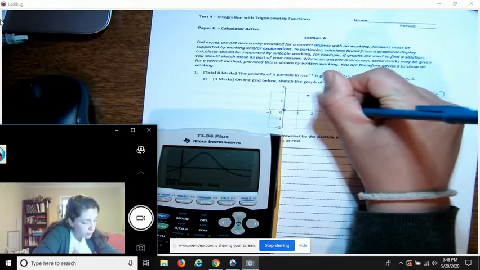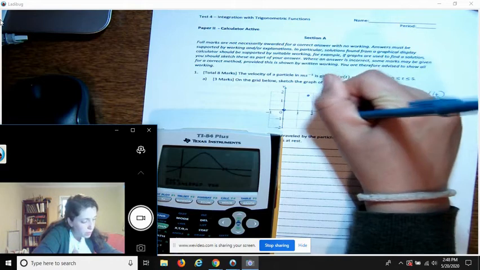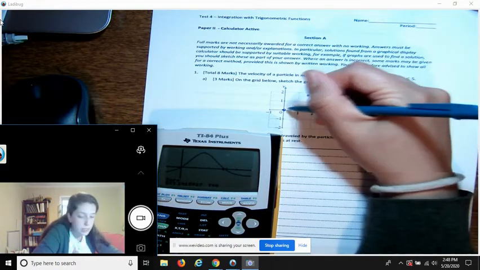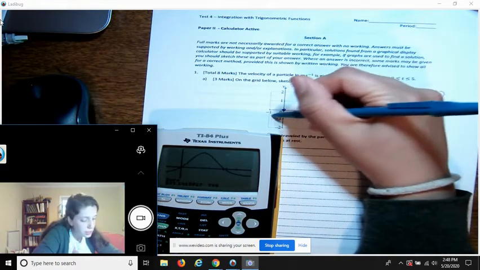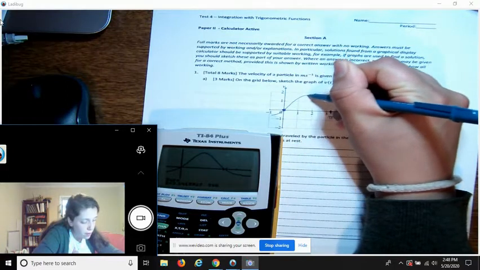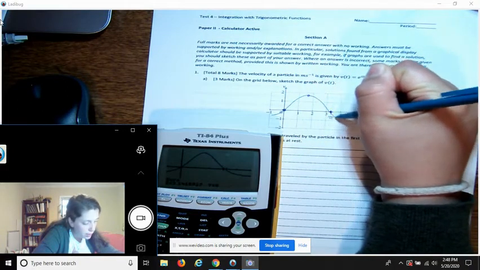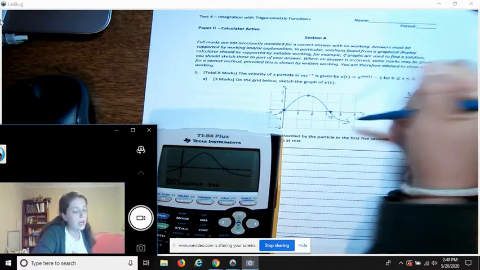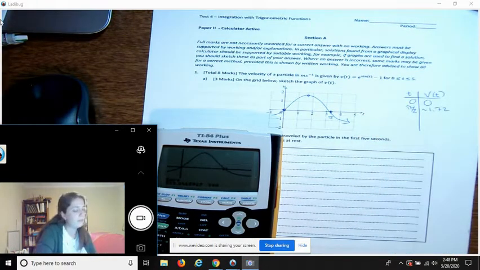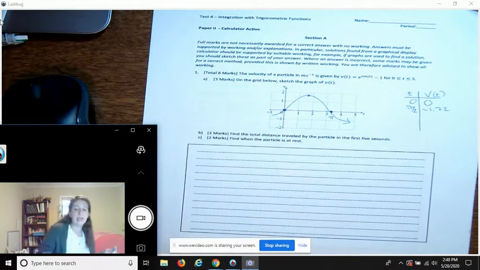So this value happens to be at pi. And our function, if I sketch it out, looks something like that.